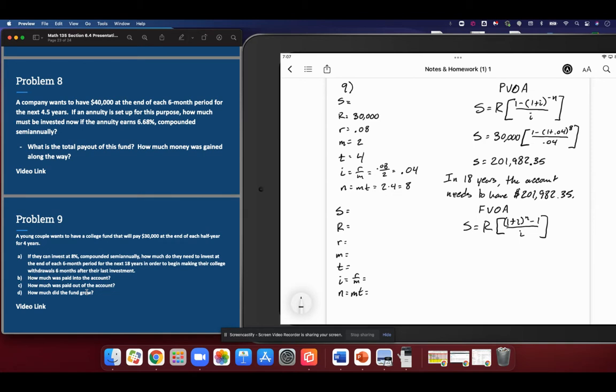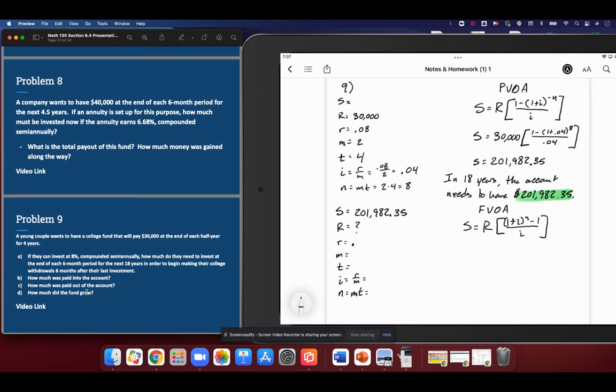And so for this, we are looking for an eventual goal of having $201,982.35 in a fund. So 201,982.35 is what we need to have in the account. Our payment size, we don't know. That's what we're trying to figure out.